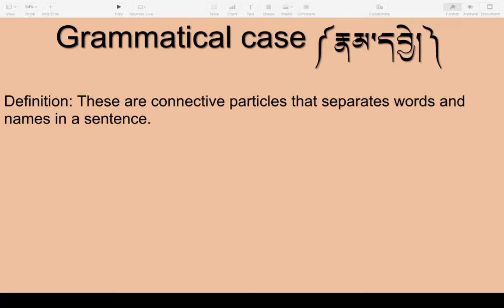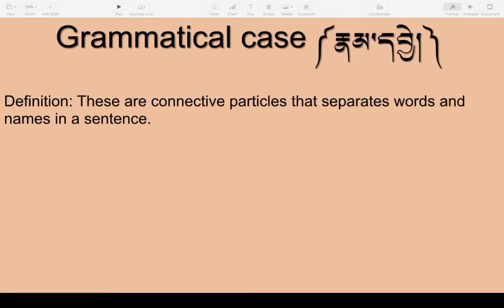So a grammatical case, or namye, are the particles that we use in a sentence. One must remember, in the Tibetan language, whenever you are making a sentence, there are three important parts that should be there. There should be a name, there should be a word, and there should be a grammatical case. Sorry, there should be a connective particle.